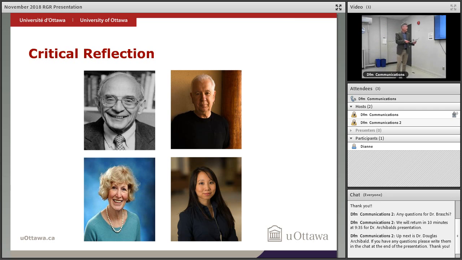The second point he makes is around student experiences, that as a teacher, we need to teach through our learners' eyes. In other words, we need to teach to the level of our learners.